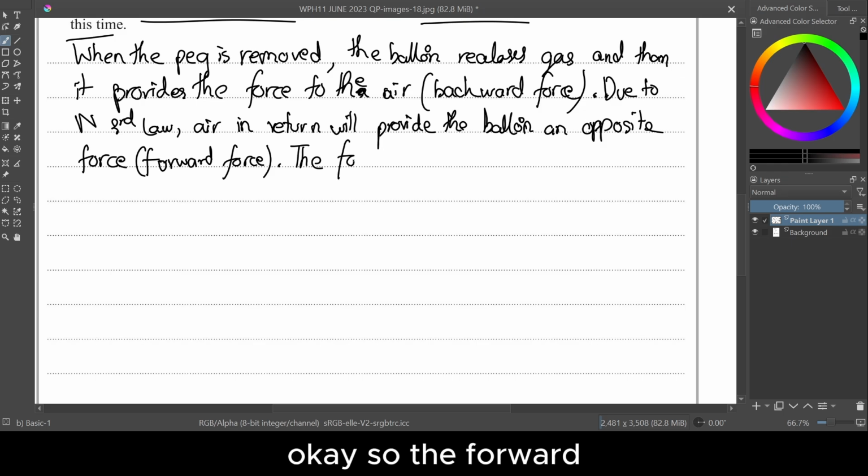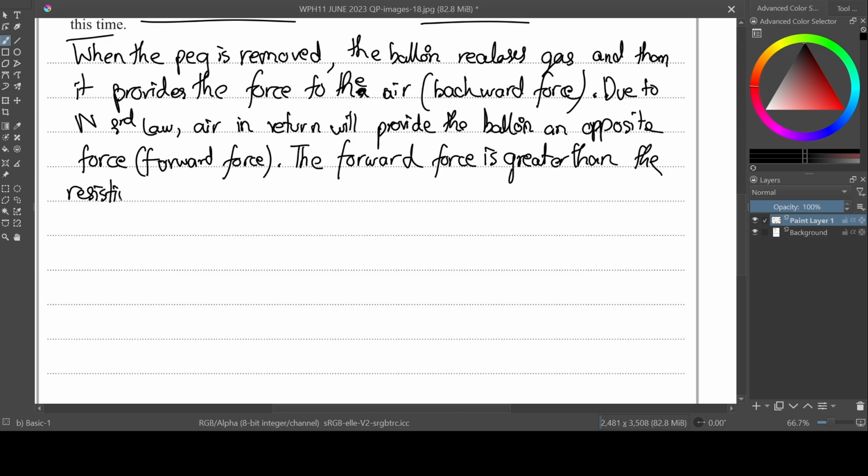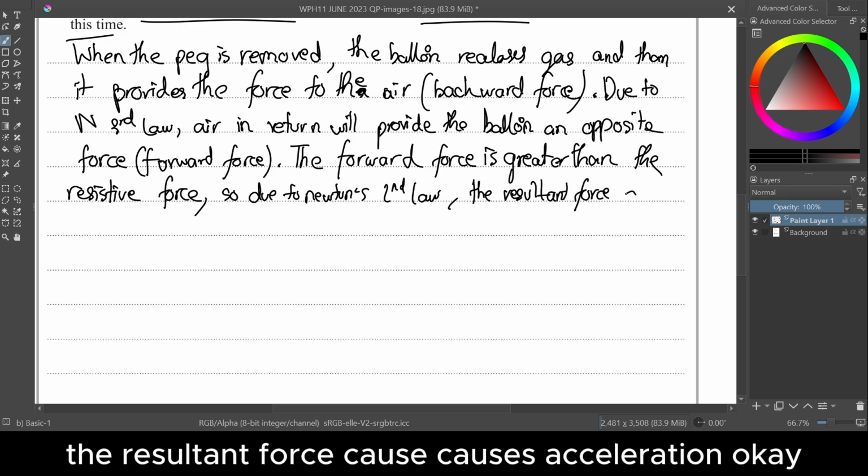So the forward force is greater than the resistive force, right? So due to Newton's second law, the resultant force will cause acceleration. The resultant force causes acceleration.